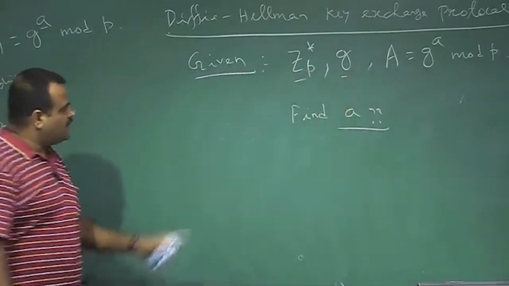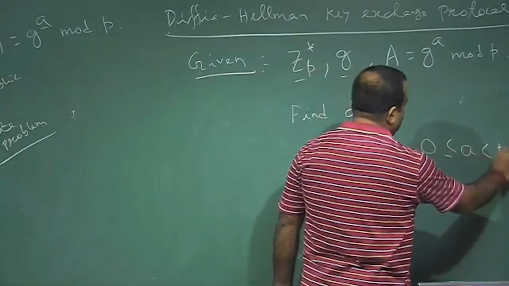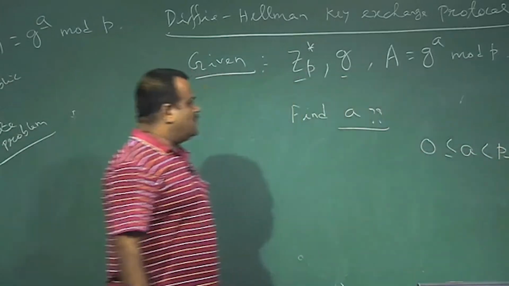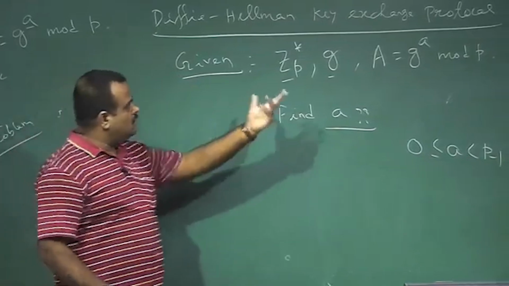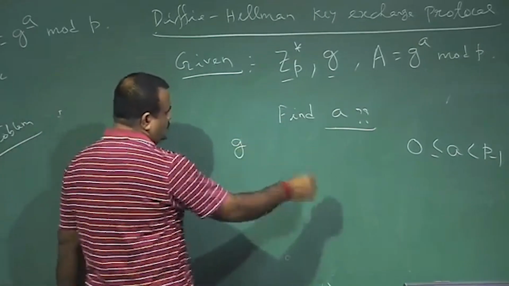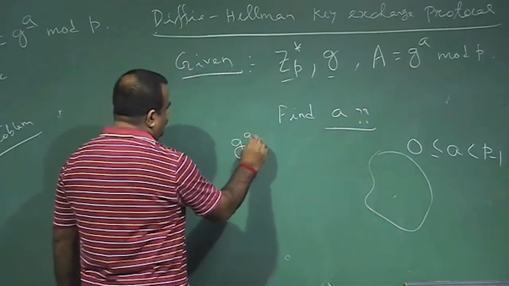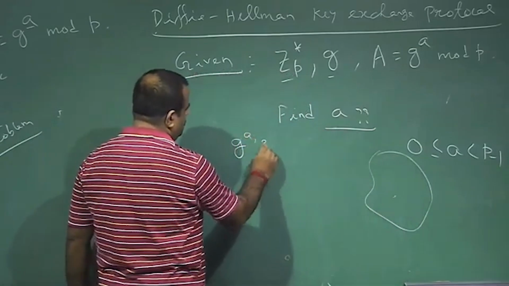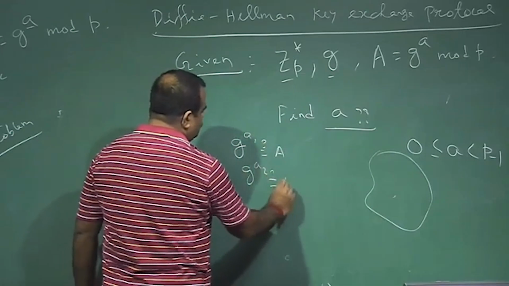So what can we do? One way is the brute force method: we can try all possible values of a. We know G, so we try a1 and compute whether G to the power a1 is capital A or not, then G to the power a2, and so on.